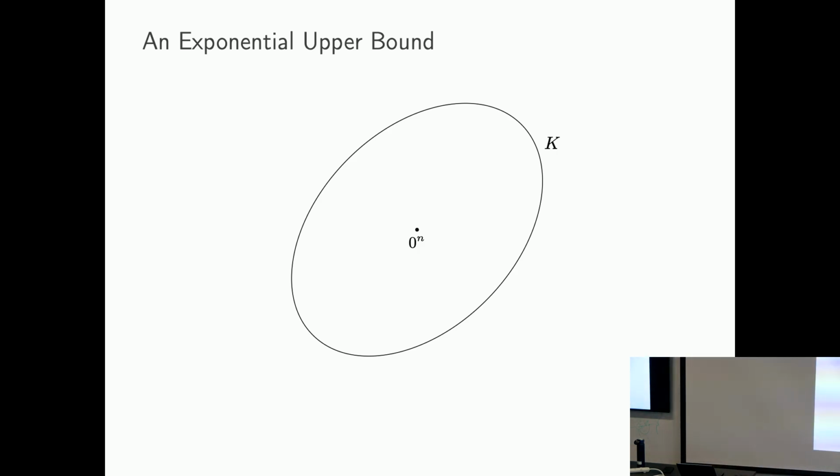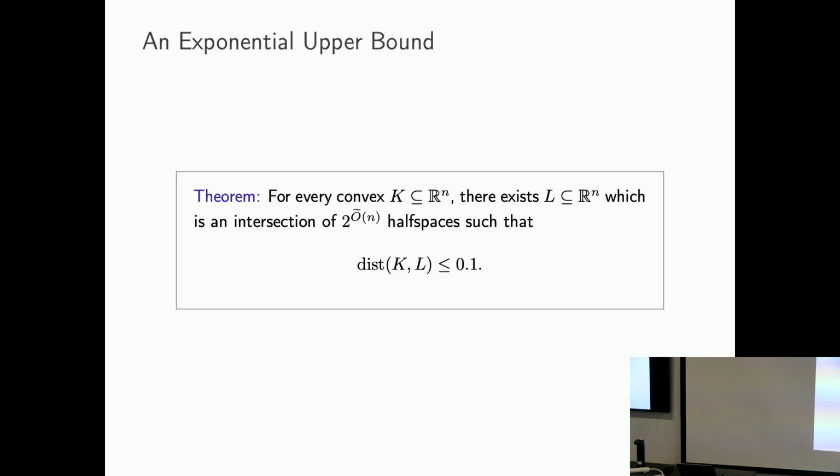It's going to be the only proof. In case you forgot what we're trying to prove, we're trying to show that an exponential number of half spaces are enough to approximate any convex set to error 0.1.